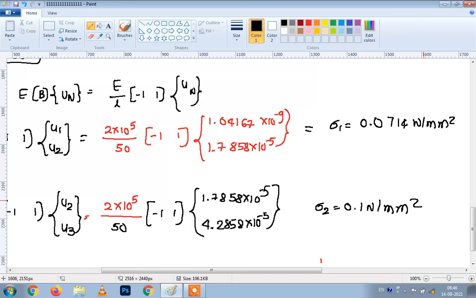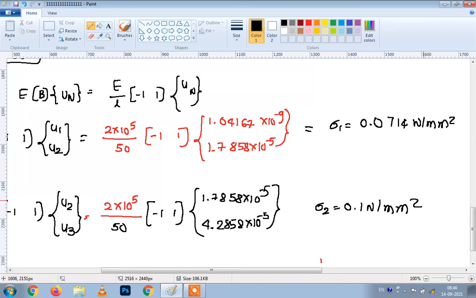The only change from the previous numericals that we have solved is this: in the elimination approach, if we solve this numerical by using elimination, we simply cancel the first row and first column, so the 3 by 3 matrix will be converted into 2 by 2.